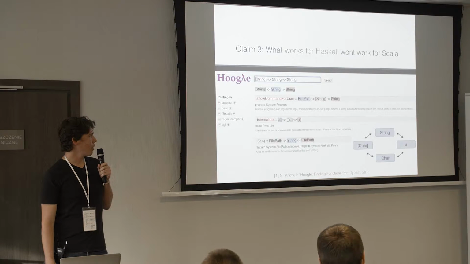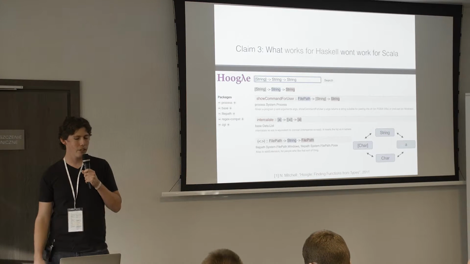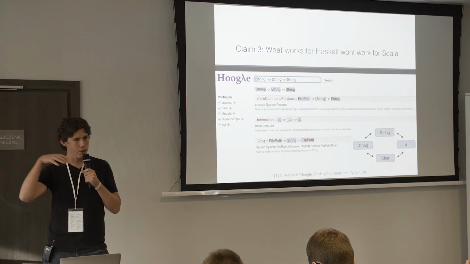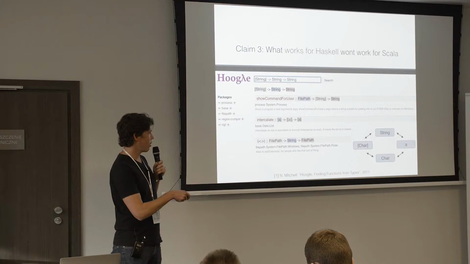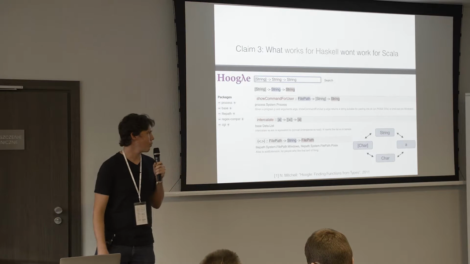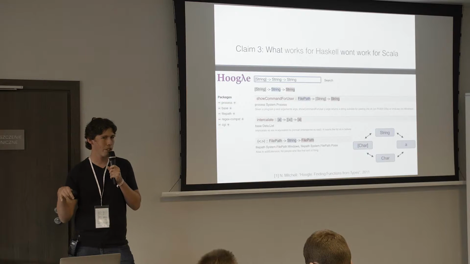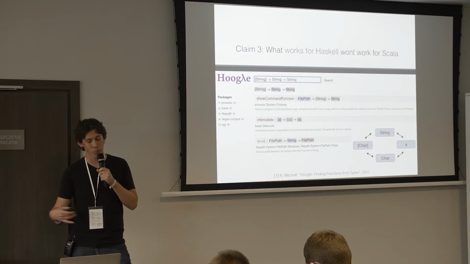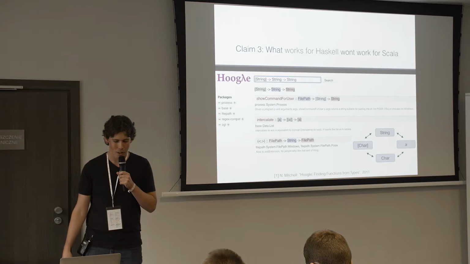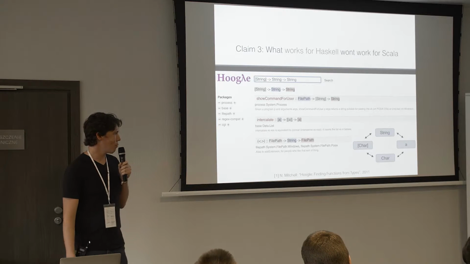But the approach that Hoogle takes is based on graph traversal. So there is this graph of types, and it traverses it to retrieve good answers. There's more to it. It's also very complex and optimized.